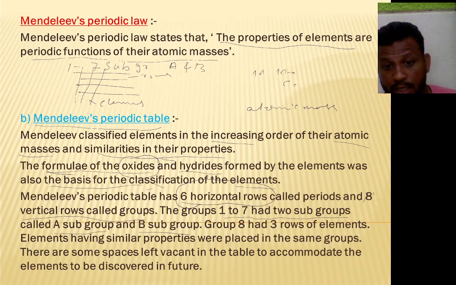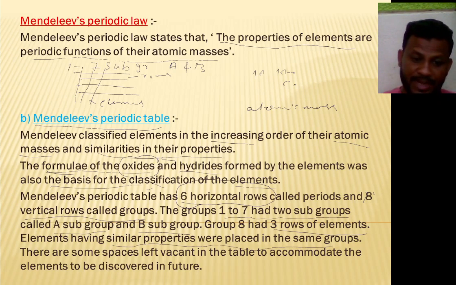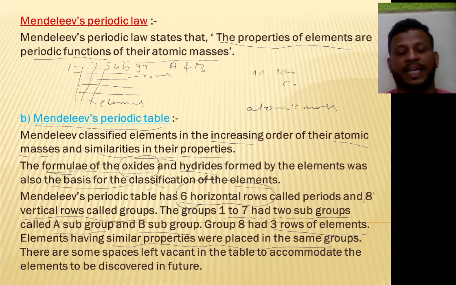Next, group 8 has 3 rows of elements. Elements having similar properties were placed in the same group. In the 8th group, he placed the elements which have similar properties.